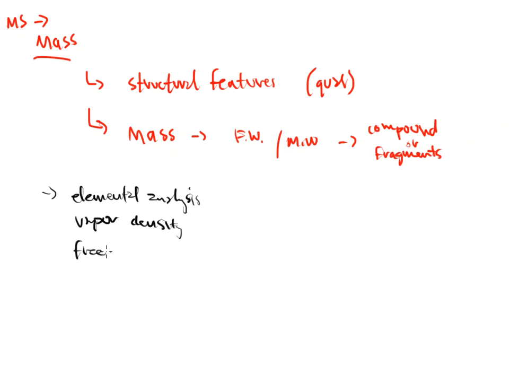Freezing point depression. It really just depended on what type of sample that they had, what were the attributes to that sample, what could they do and not do in the laboratory to get this information. All of this would lead them to the discovery of a molecular weight or a formula weight. But the problem is that these tests take a lot of sample, it takes a lot of time, and it takes a lot of training.